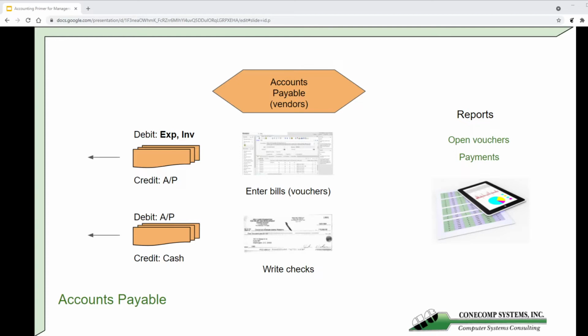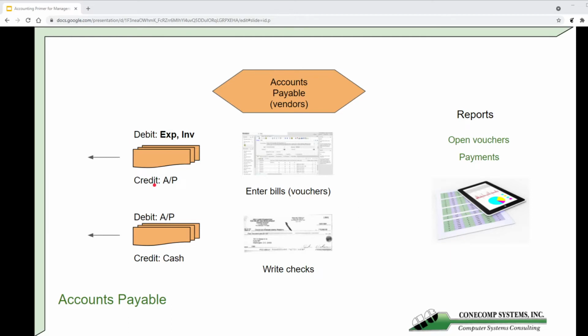And so it does. But the transaction now hits, like our rent expense did earlier, an expense account, our electric expense, as a debit, because that's a debit account and it's increasing. The credit, though, is to our new liability account, accounts payable.